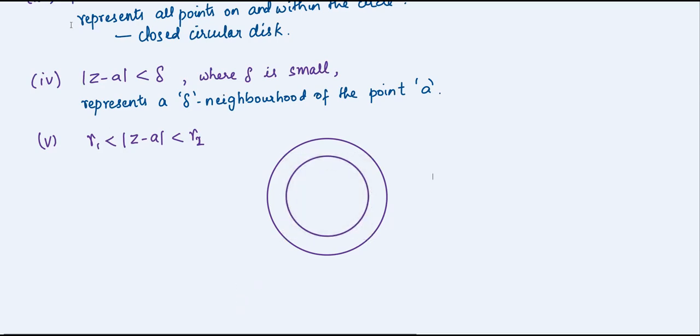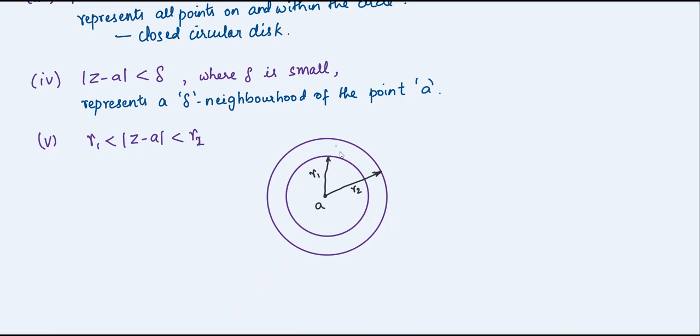Okay. So this is the point A. This distance is the smaller one, R1, and this is R2. And modulus of z minus a, that means distance of z from A, is greater than R1 but less than R2.